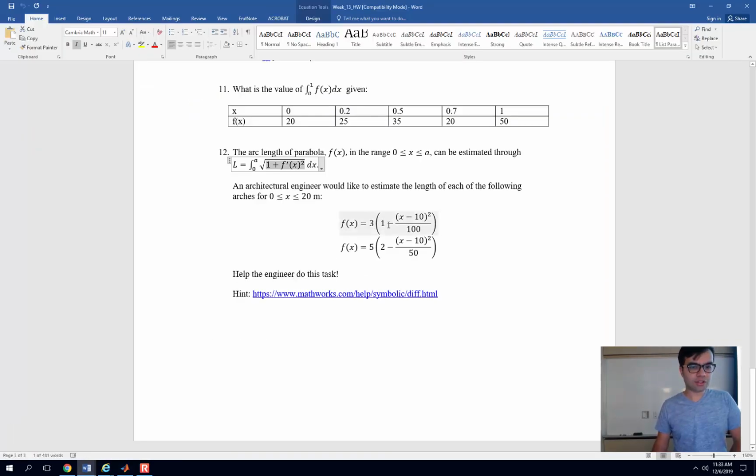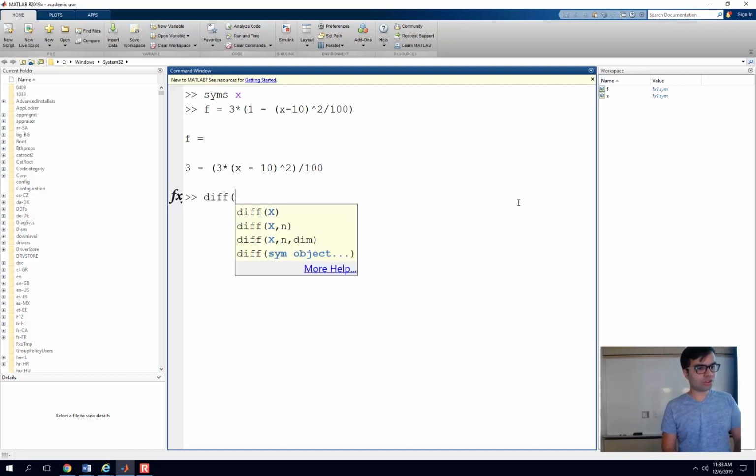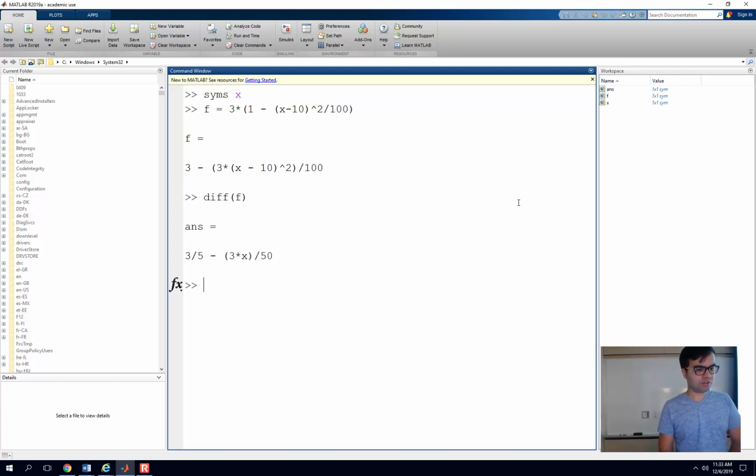F is 3 times 1 minus 3 times 1 minus x minus 10 squared divided by 100. So that's my function f. The derivative is calculated through the function diff. diff of f, that's my derivative.